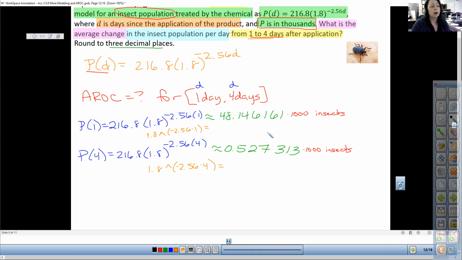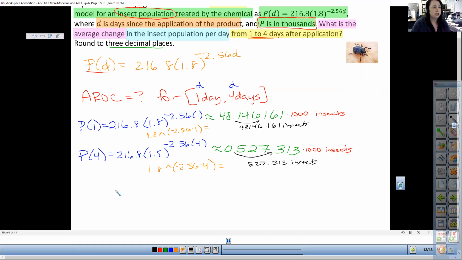All right, so this one times 1,000 is going to move that. So I'm going to have 48,146.161 insects. This one times 1,000, 527.313 insects.